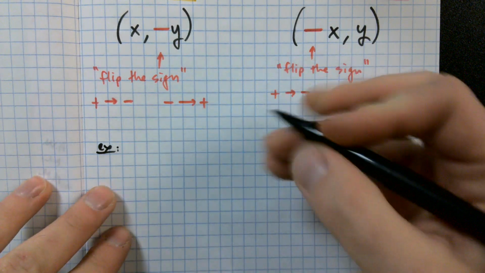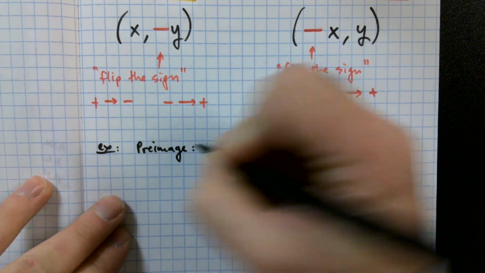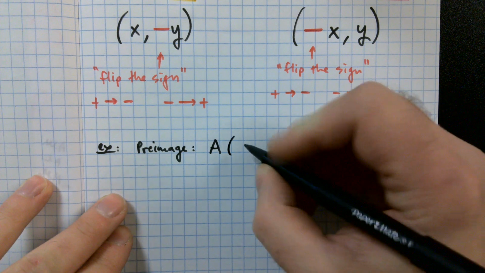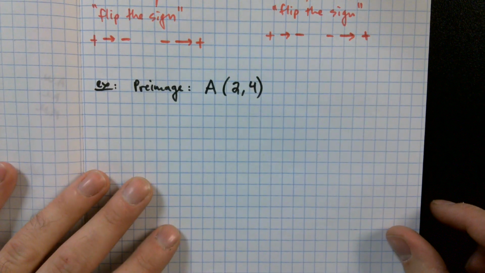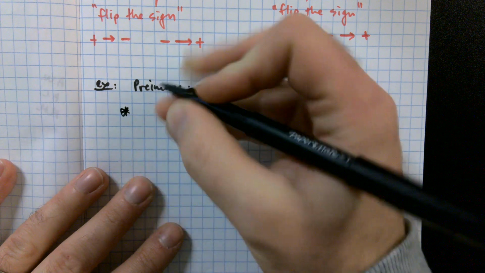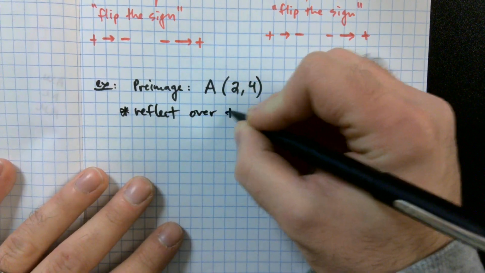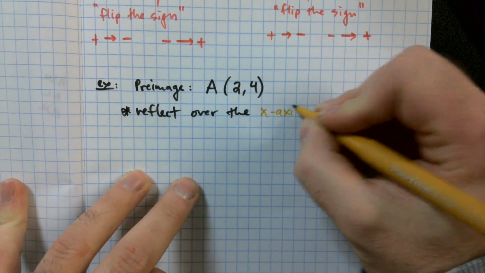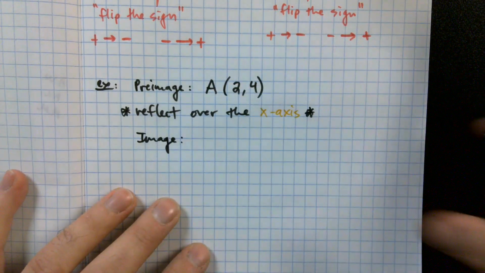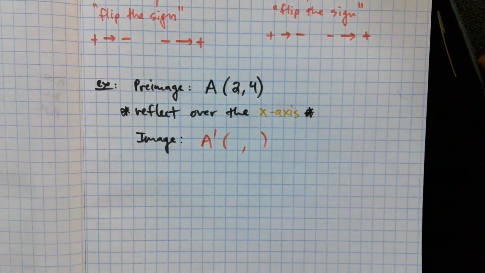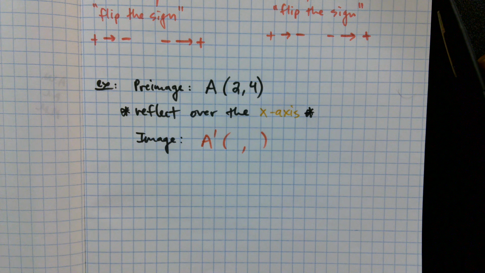So for example, if I have a pre-image point A at (2, 4), and I were to reflect this point over the x-axis, well, if I'm reflecting over the x-axis, what am I going to flip?